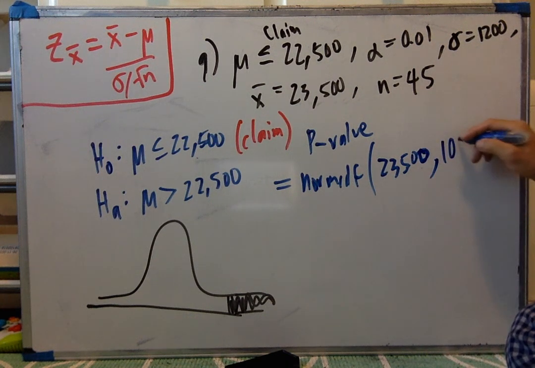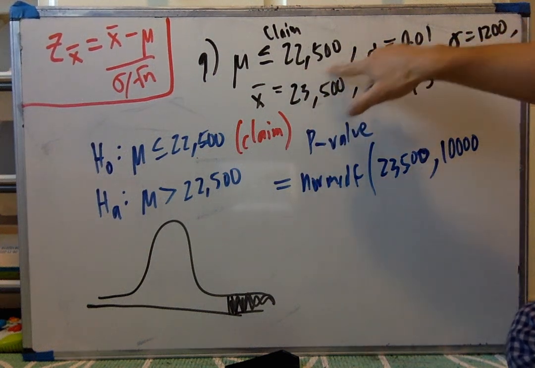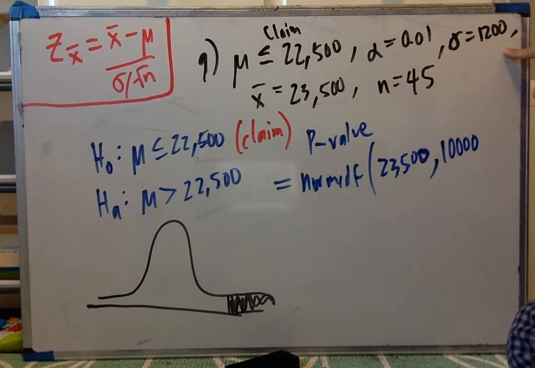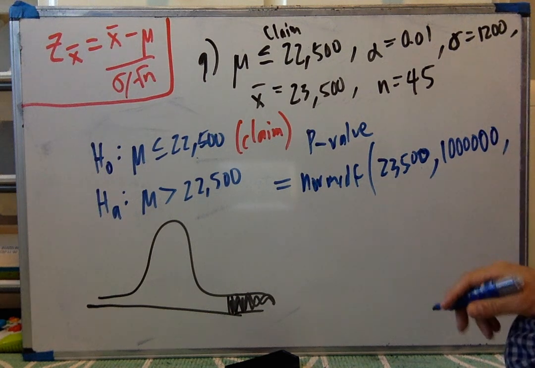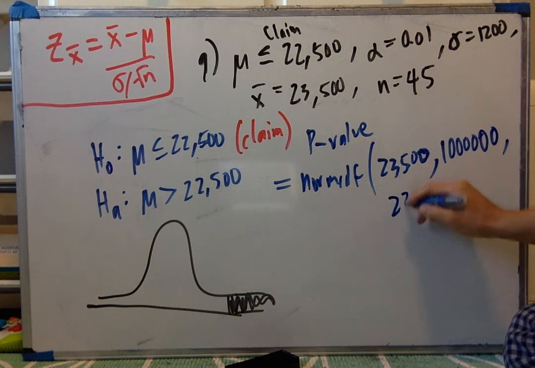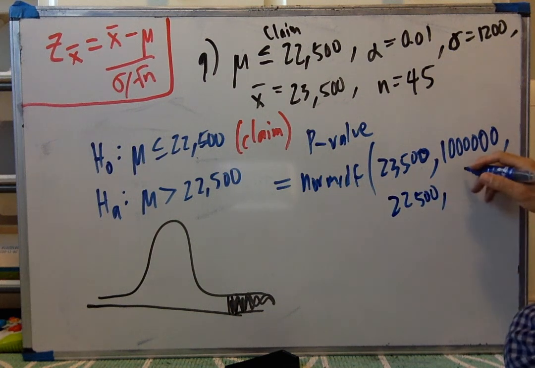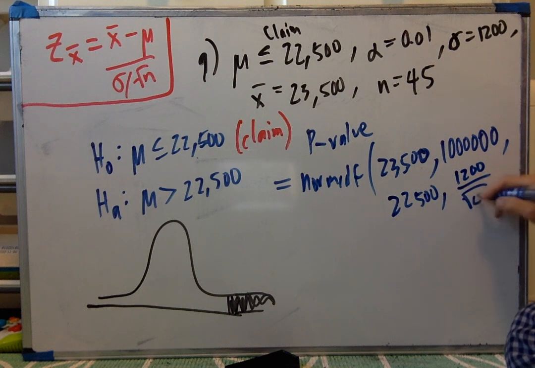Normally we would use 10,000, but our values are large and the standard deviation is also very large, so I should use a larger number than 10,000. Let's just do 100,000. You can even do 1,000,000 if you want to be safe. After that is my mean, which we know to be 22,500, again with no commas. And finally, the standard deviation, which is 1,200 divided by the square root of n. So that is the whole thing that you're punching in.